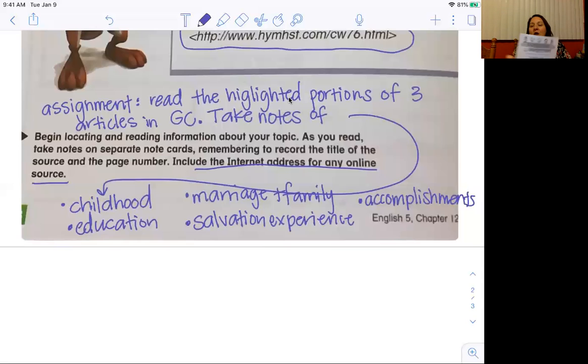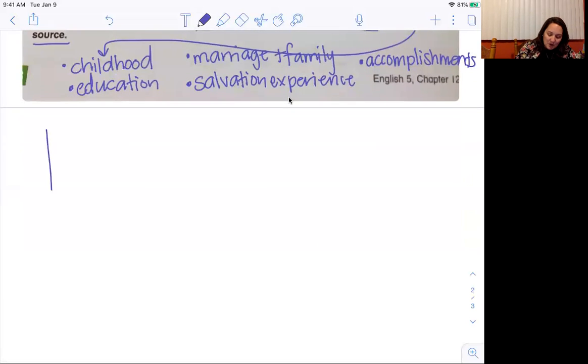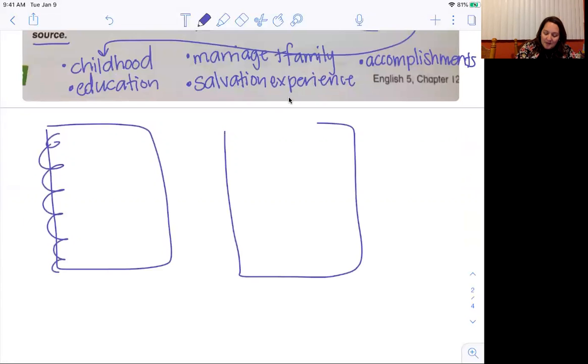I'll number the articles for you, okay? So if you're confused, just read the articles. You're going to write 1 to 2 pieces of information for childhood, for education, for marriage and family, for salvation experience, and for accomplishments. So if this is your spiral notebook, you're going to have 5 different pages.